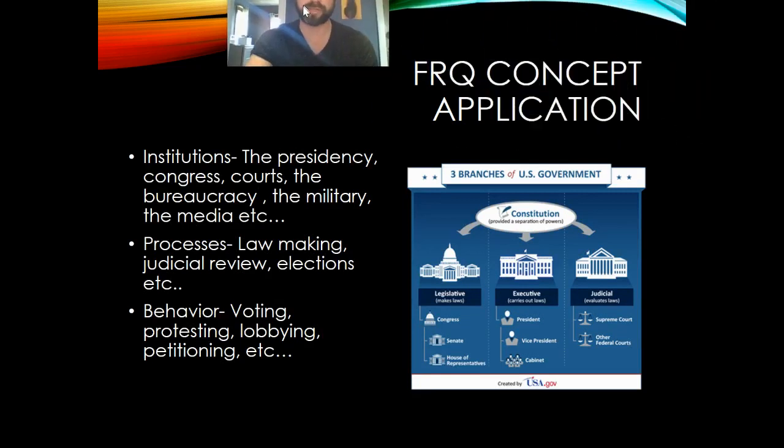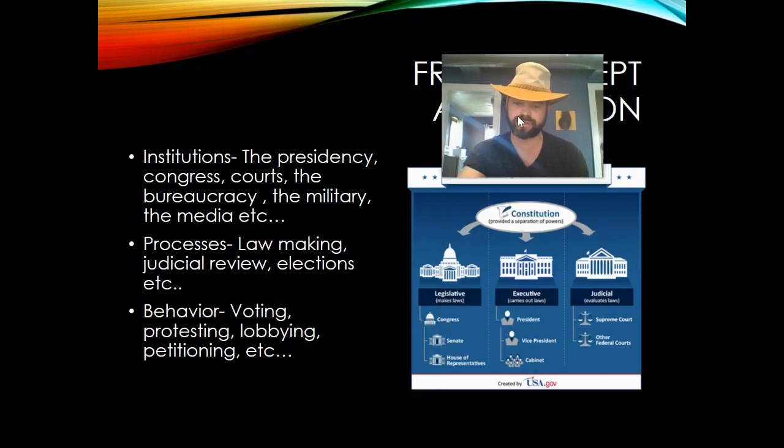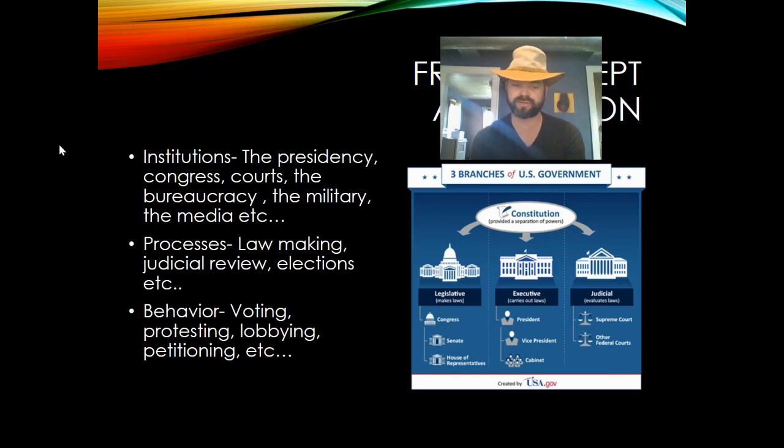Okay, so what are institutions, processes, and behaviors? An example of an institution is the presidency, Congress, courts, the bureaucracy, the military, the media. These are just parts of the government. When it says institution, it just means a part of the government, something that makes up the government. A process is any process in government.